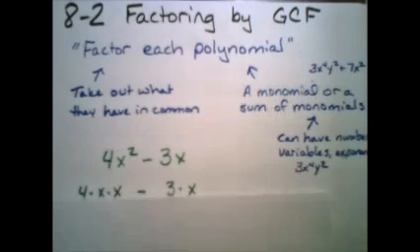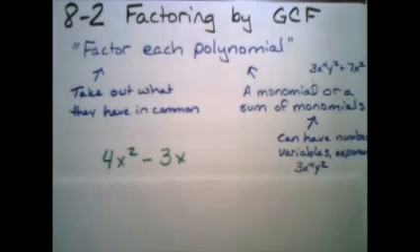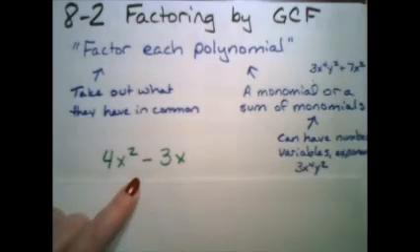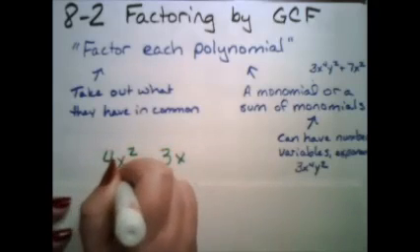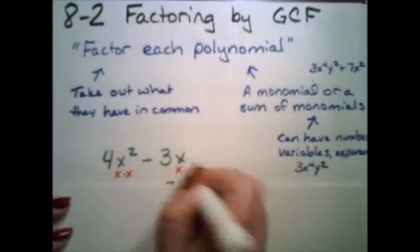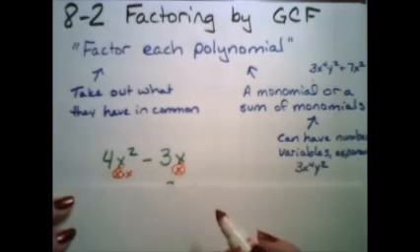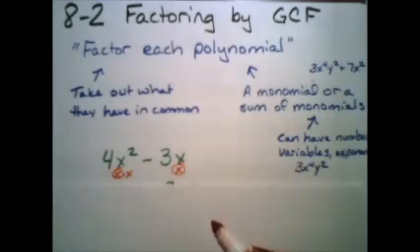So, for example, we've got 4x squared minus 3x. Now, just looking at this, we know that the numbers don't have any common factors. But where this has an x times an x, this only has one x. The only thing these two have in common is that x.